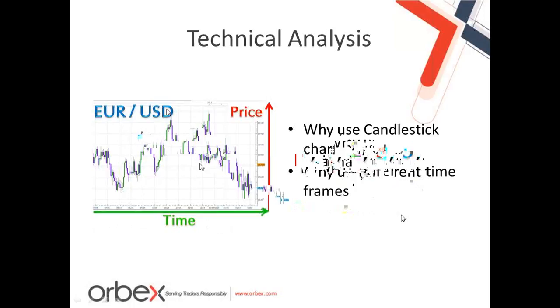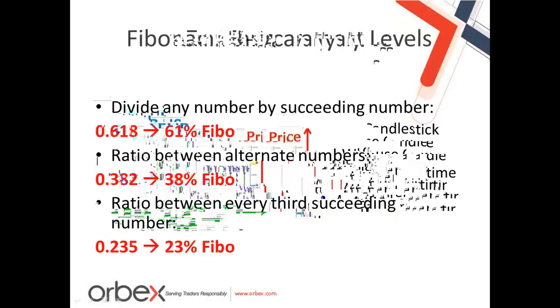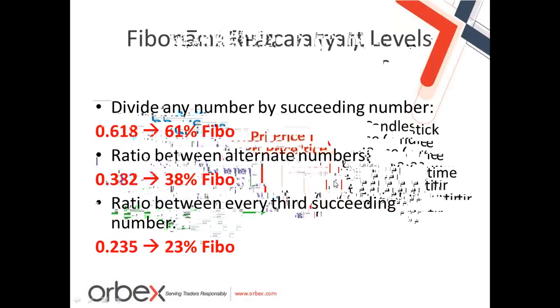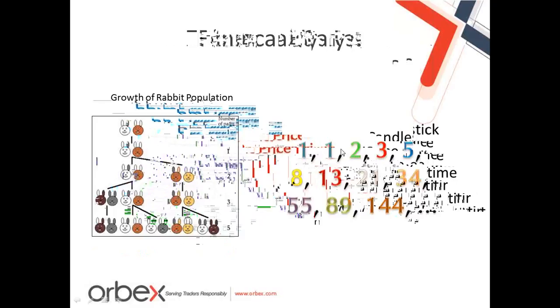So the Fibonacci series that we use in Forex, though, is not these numbers. It's actually the retracement levels that are calculated by dividing these numbers and creating new numbers. So as you can see here, if you divide any number by a succeeding number, let's go back to the numbers over here.